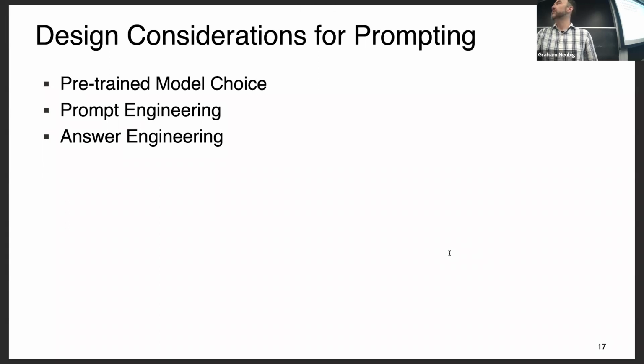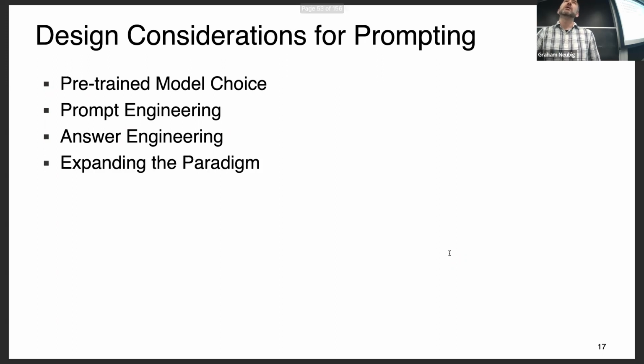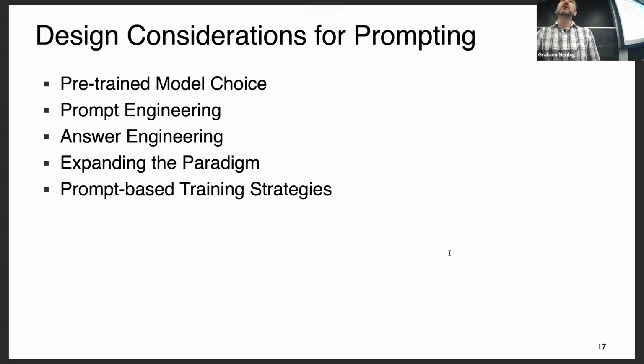How do we pick the answer that we want to be using to represent the label that we want to be predicting? And then there's a bunch of different ways we can further expand on prompting. And then finally, this is really important at the end. I think there's a very interesting connection between prompting and other training strategies. And I'm going to be talking about those as well.